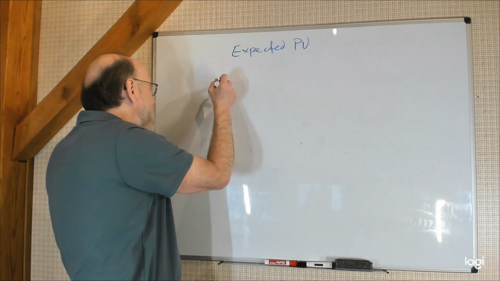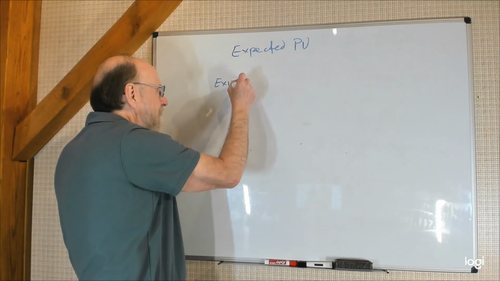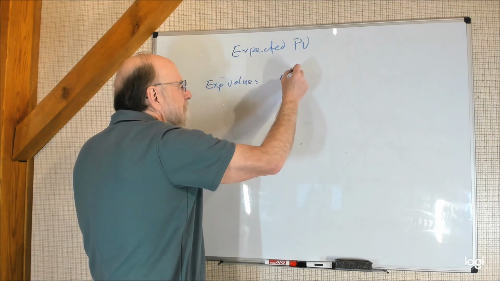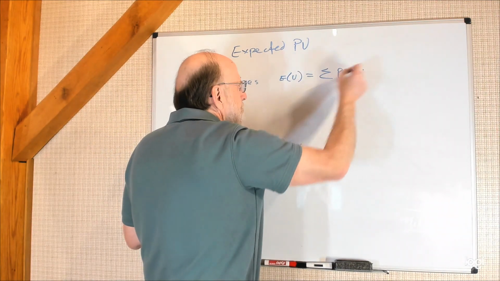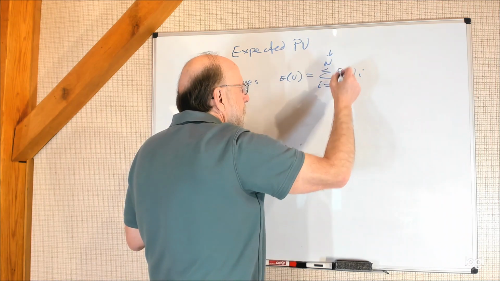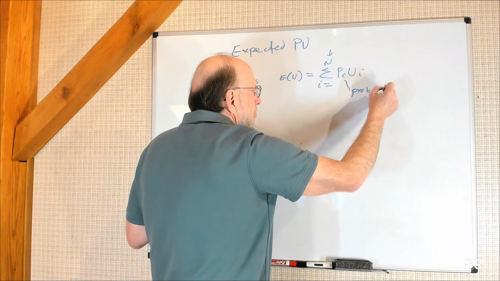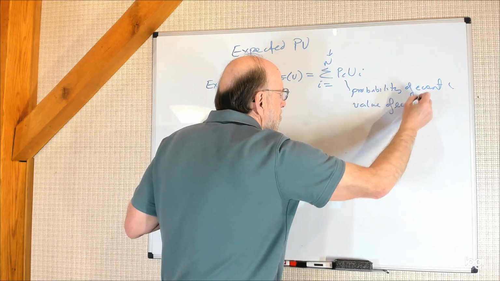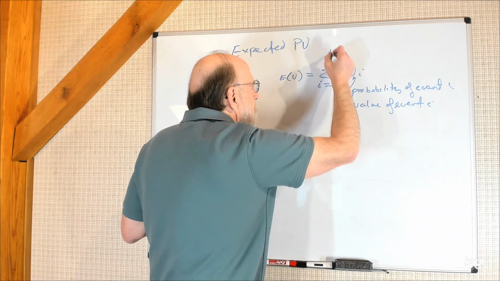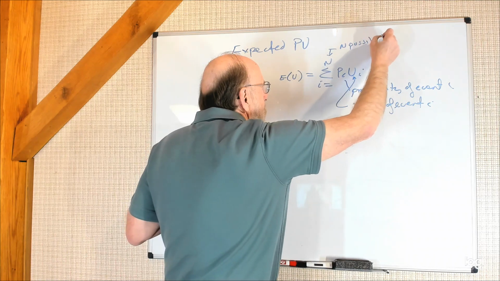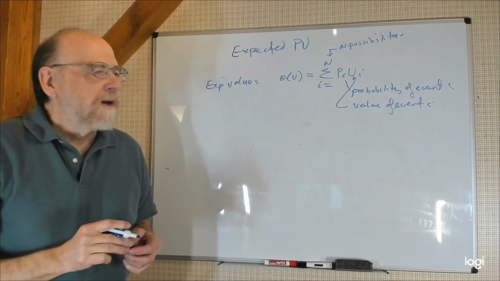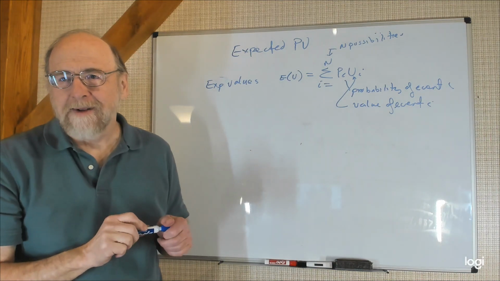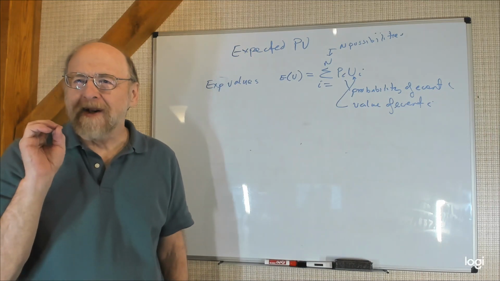And the idea is that if you remember the expected value formula, the main thing that happens when you use expected present values instead of just expected values is the V's become present values, right? So you've got to do your discounting on V.